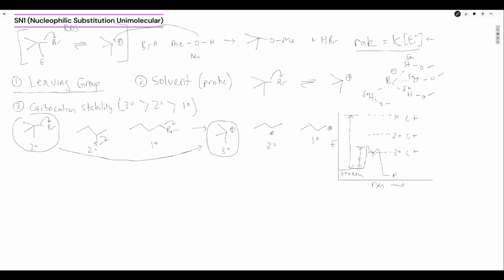And so basically what this means is primary systems don't react in SN1 reactions. You can get tertiary systems to react, and you can get secondary systems to react in SN1 reactions, but basically primary systems don't work.